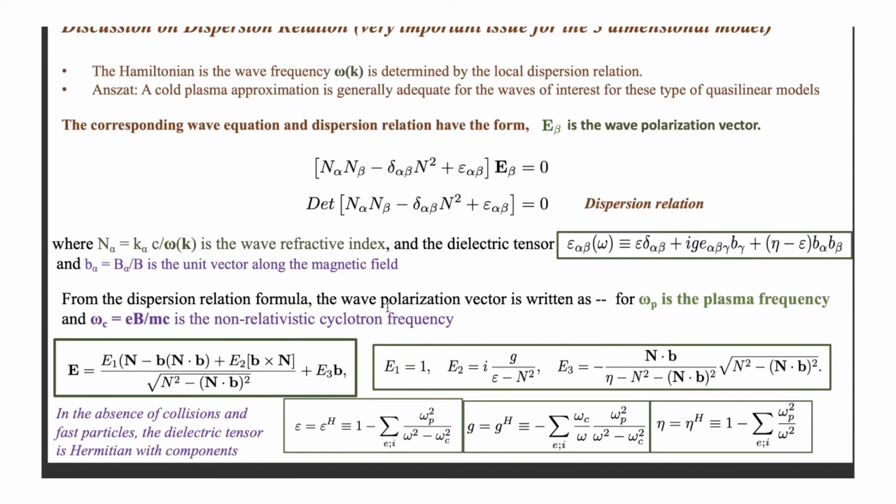And so you have to calculate the determinant associated to this tensor, epsilon alpha beta, which is the dielectric tensor. The alpha direction is the component along the magnetic field, the beta direction is the orthogonal, so it shows the polarization vector.